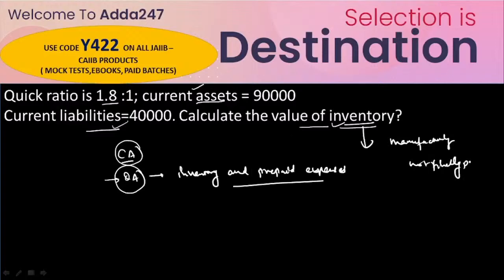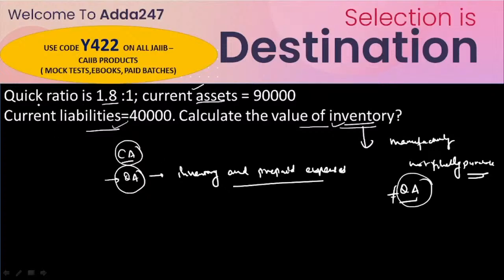So how can you encash that? You cannot easily encash that stock. That's why it is included in current assets but is not a quick asset. So inventory is a type of current asset but not a quick asset.